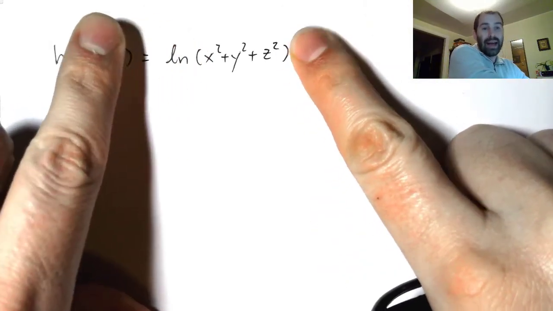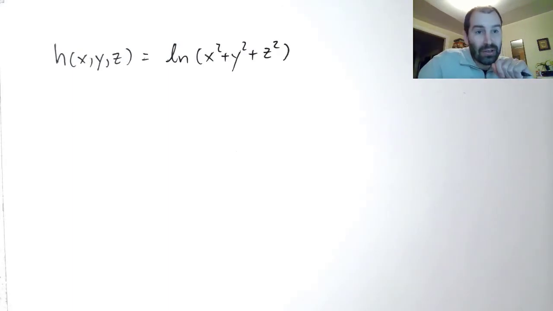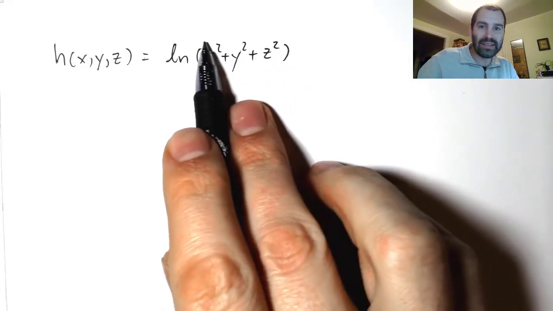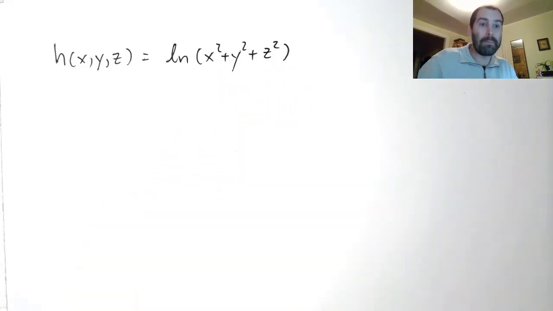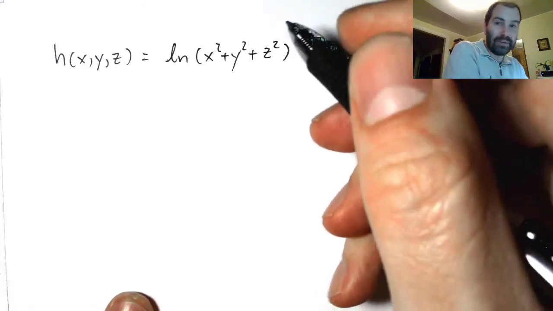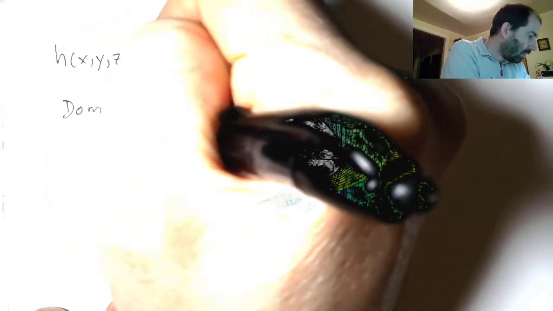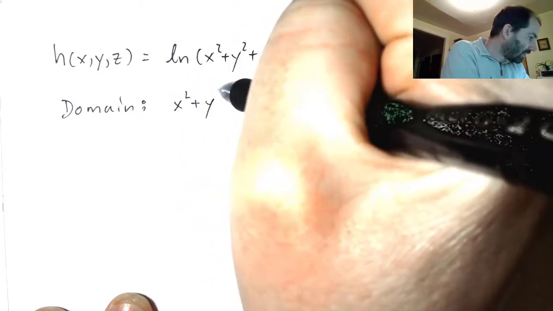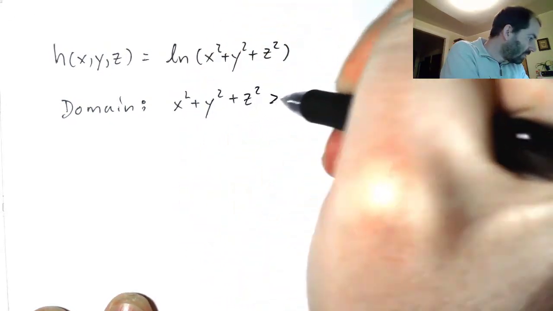But log, yeah, log's got issues. You can't take the natural log of a negative number, and in fact, you can't take the natural log of 0 either. So what I need for x, y, and z is that this quantity inside of the logarithm be strictly positive. So for the domain here, I need x squared plus y squared plus z squared to be positive.